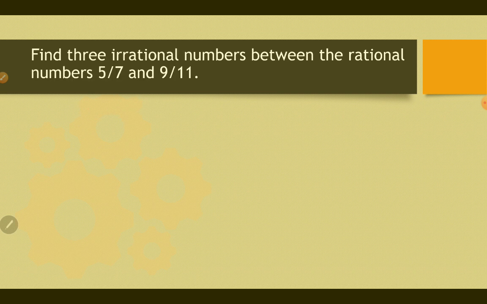Find 3 irrational numbers between the rational numbers 5 by 7 and 9 by 11.